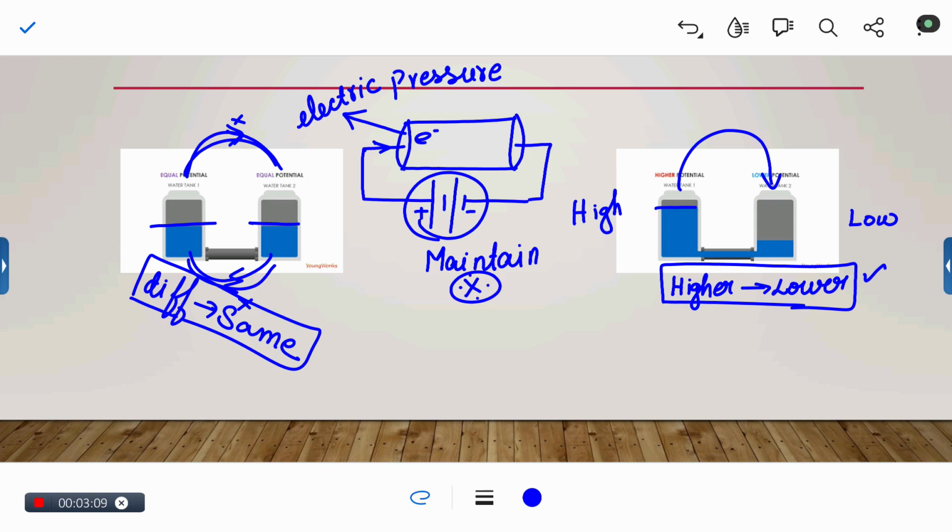This electric pressure is nothing but the potential difference. Once this electric pressure has been given, the charges will start to move from one end of the conductor towards the other end. That means we are giving the potential difference, and once it has been given, the charges will start to move.